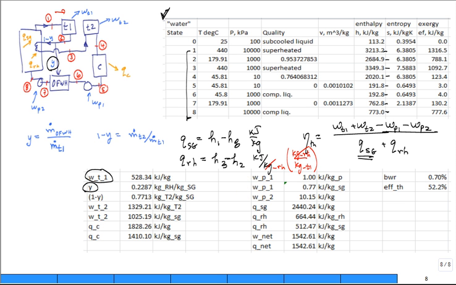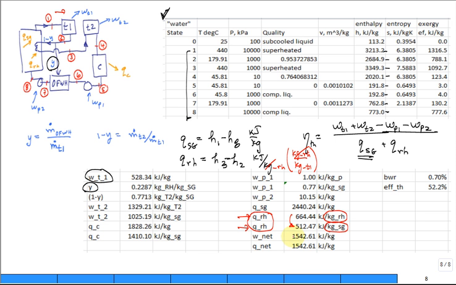So what you end up doing is I've tried to write it right here 2 ways. This is the Q that's going in the reheat, but it's either per kilogram that goes through the reheat, or it's per kilogram that went through the steam generator and into the first turbine stage. Notice it's smaller.